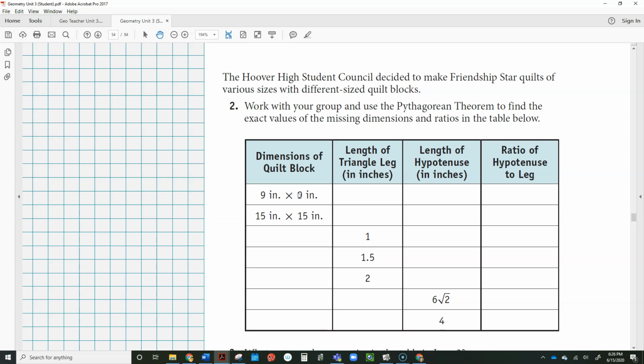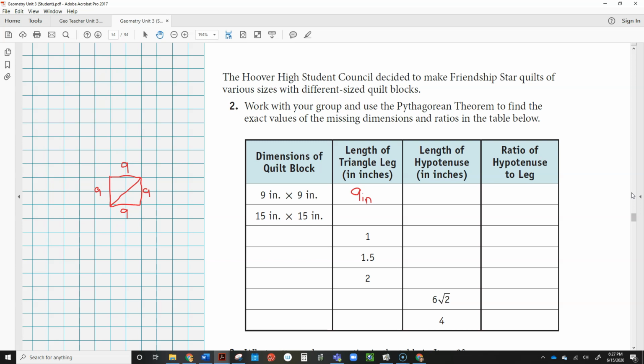The length of the leg is 9 inches, right? Because let's draw the square over here. If this is a 9 by 9 square, and then I cut it into two parts, then this leg is still 9, and so is this leg. So the legs of the triangle are all 9.